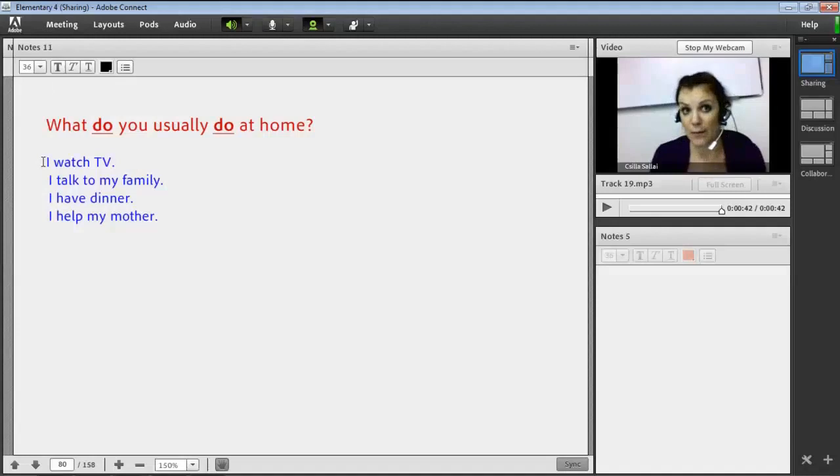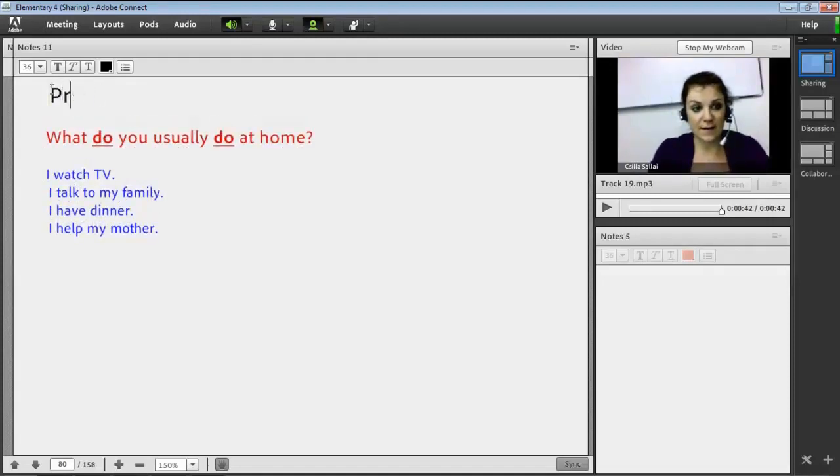These are just examples. So, what verb tense do we use when we ask the question, what do you usually do at home? That's right, that's the present simple. And what do we use the present simple for? When do we use the present simple?